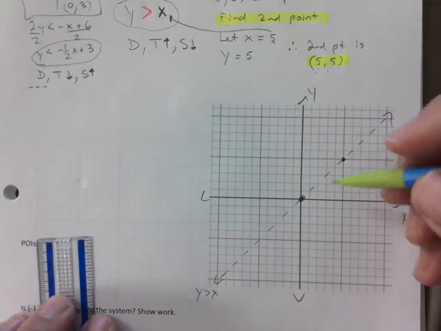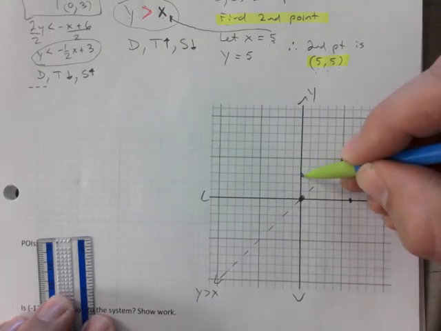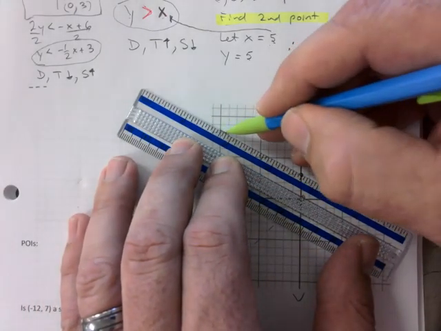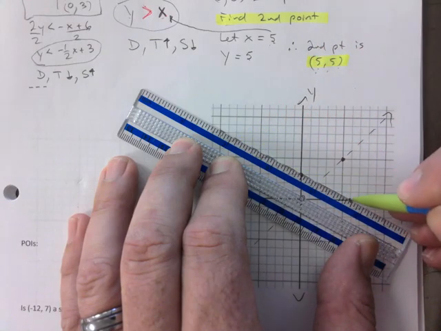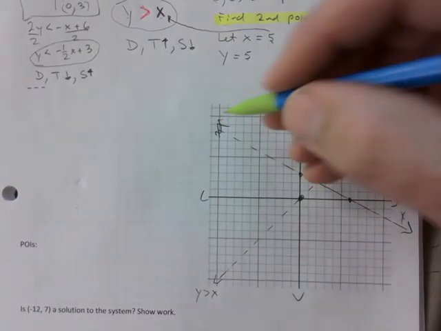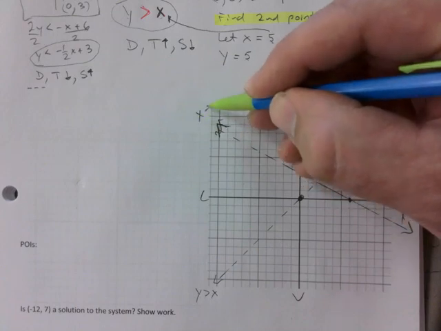And then I'm graphing the other one, 6, 0, 0, 3. And that's also a dashed line. It's not a word problem, so you just extend, right? I'm just going to use this one.